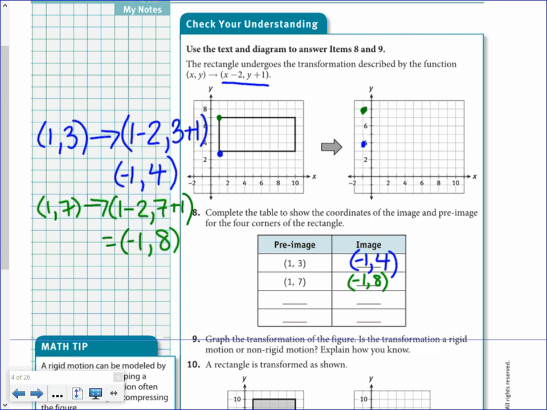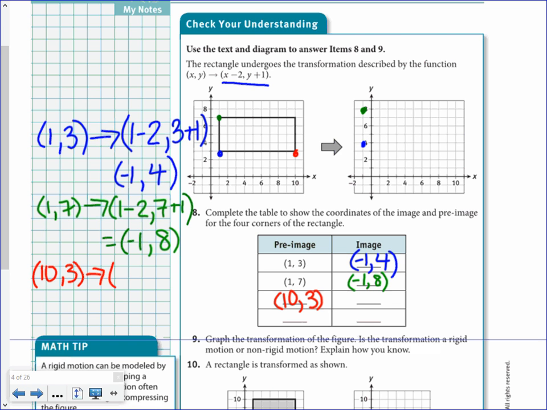I'm going to use red for the next one. I'm going to do the bottom right corner. So that currently, for our pre-image, is at 10, 3. If we do the same idea, plug it into your transformation function.